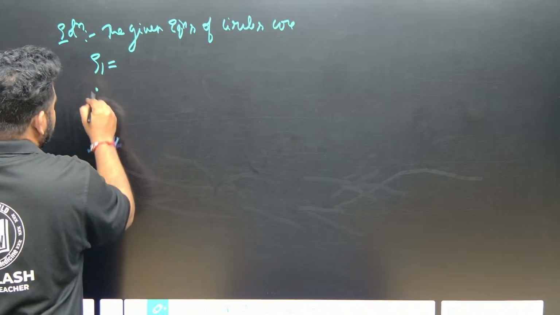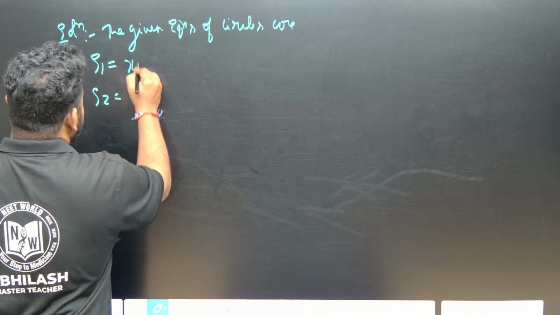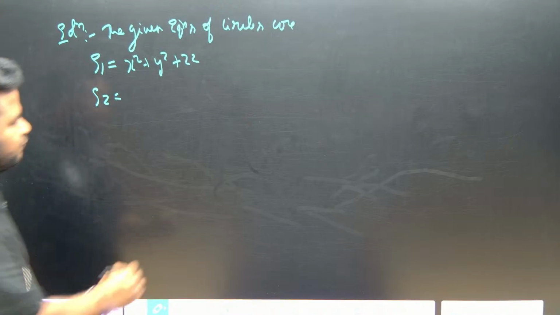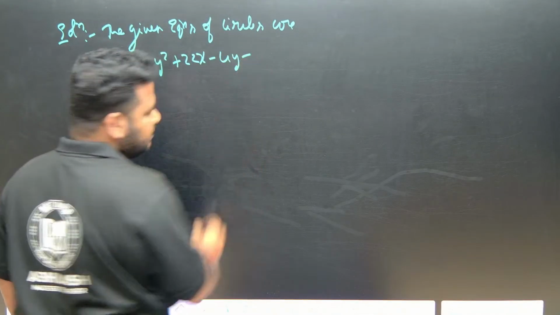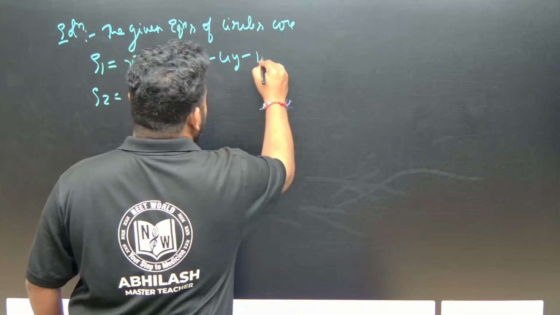S1 is x square plus y square plus 22x minus 4y minus 100 is equal to 0.